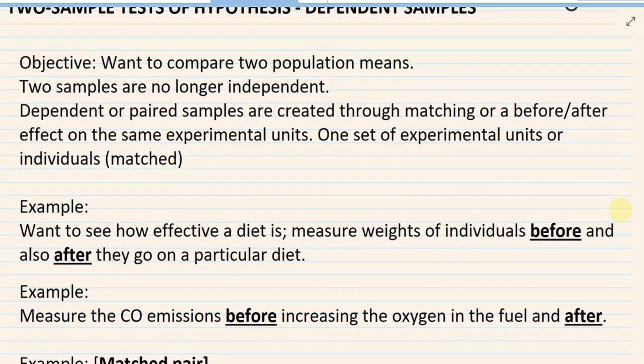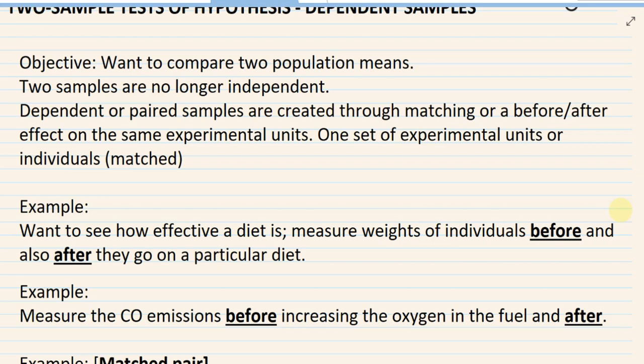Again, this is another before-after effect. Let's say we're going to measure the carbon monoxide emissions on a group of automobiles before we increase the oxygen in the fuel tanks and after. So I'm going to take my car and put regular unleaded gasoline in it, and then measure the carbon monoxide emissions.